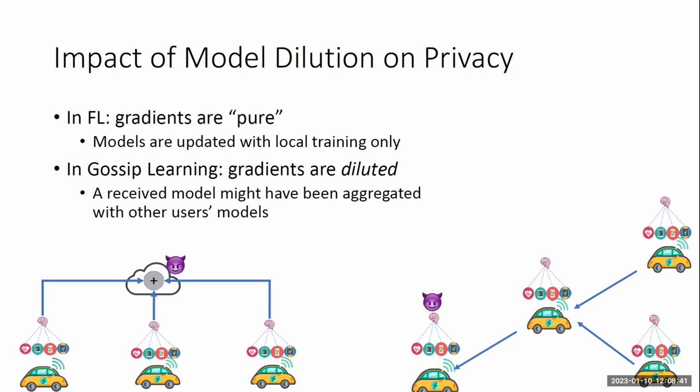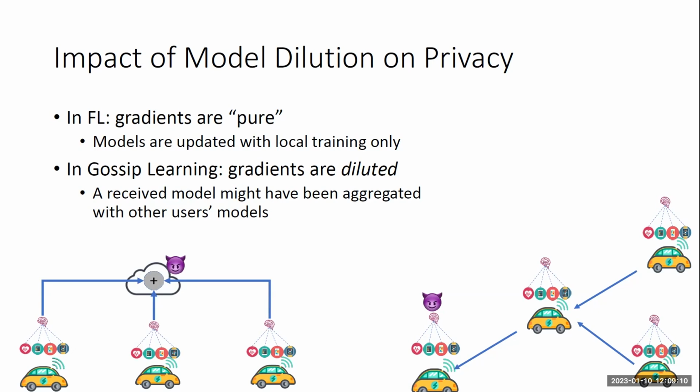And somehow your preferences are diluted with the preferences of other users. So it's a sort of natural noise that is being added with respect to your own preferences, and it's much more difficult for attackers to run attacks and infer information about users. So we are trying to push a study in this direction using various attacks.